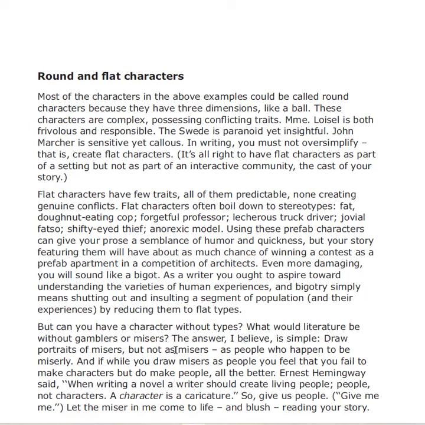The answer, I believe, is simple. Draw portraits of misers, but not as misers, but as people who happen to be miserly. In other words, when you make a character, don't make them as caricatures, don't make them as stereotypes.